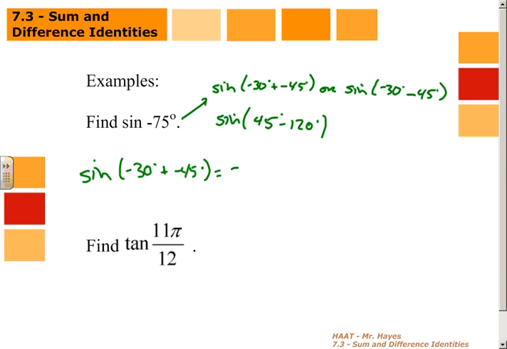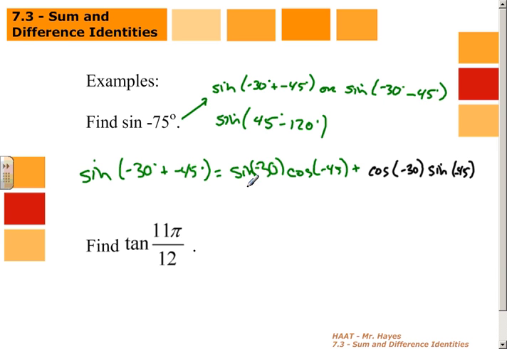But now remember, this is going to be sine of negative 30, and then cosine of negative 45, plus cosine of negative 30, sine of negative 45.